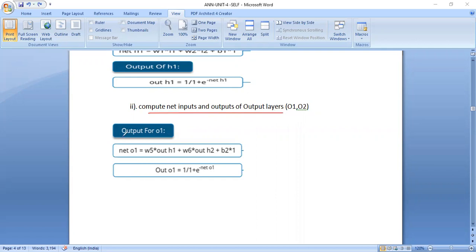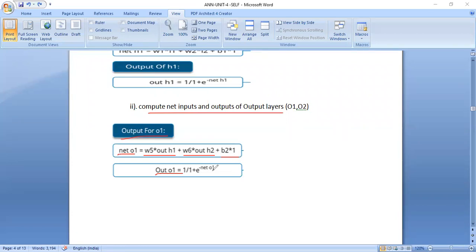Okay, so for that as we discussed, net output 1 equal to W5 into output of H1 plus W6 into output of H2 plus B2 into 1. Okay, output of O1 equal to 1 by 1 plus e to the power of minus net O1. O1 in the sense output 1.